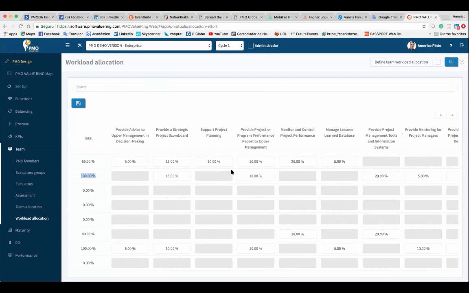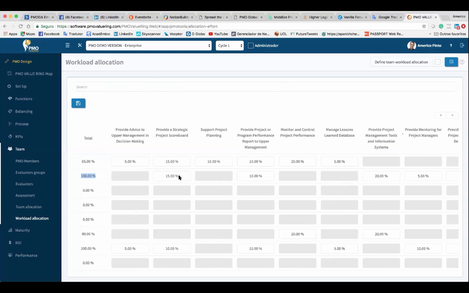You will take the total of hours that that person has available each month, for example, and you think, okay, how many hours he or she will spend doing some specific function, okay? It's an estimate. So you'll say, I think it's, I don't know, 8 hours a month. And if we have 160 hours per month, it means that 8 hours represent 5%. And that's what you will fill here, 5%.